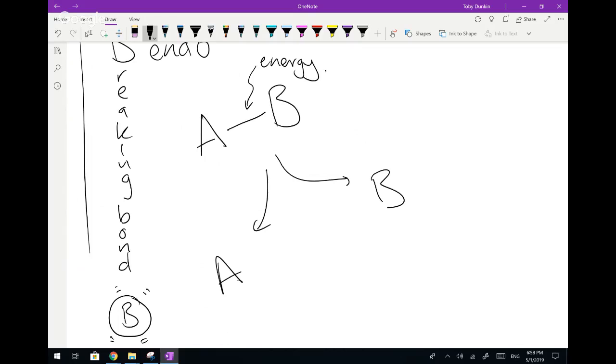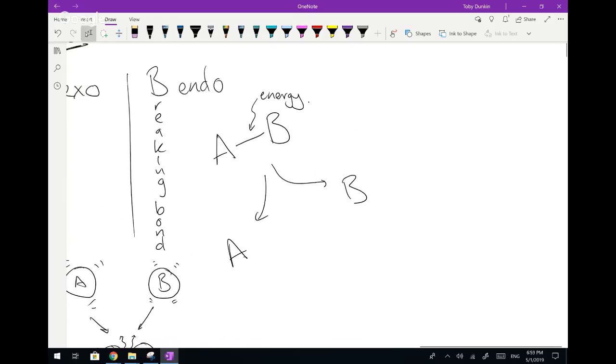If you want to break a cup, a brick, a stick, if you want to break anything, you have to apply energy. It won't just do it on its own. And so students realize that a breaking process is endothermic.